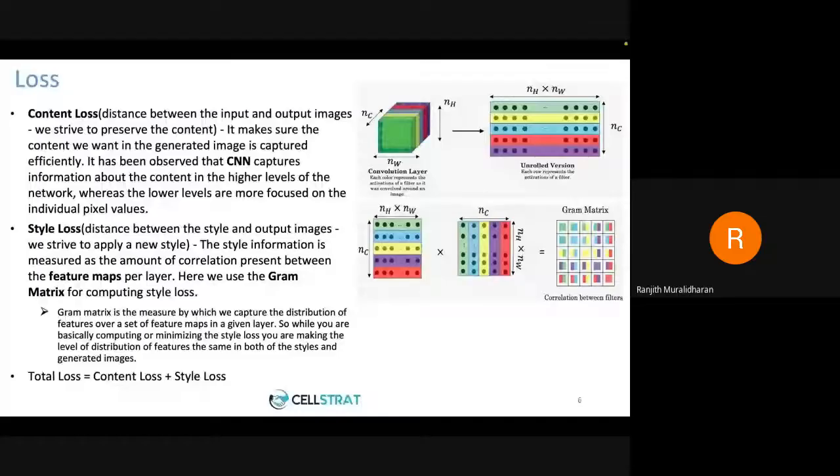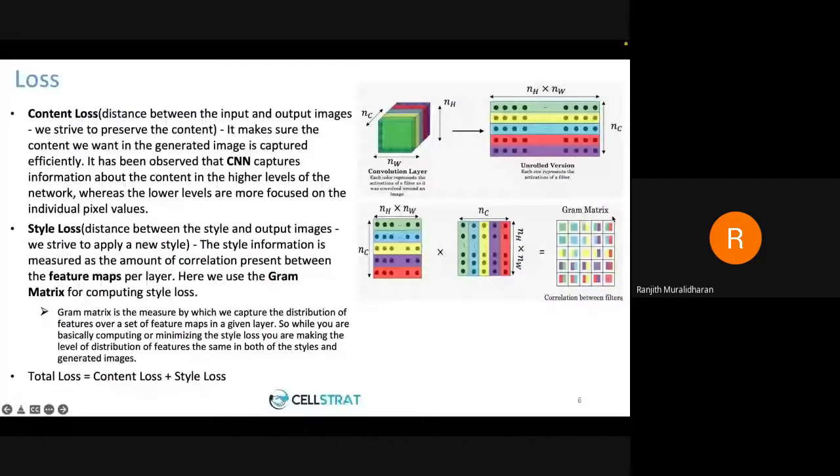Okay. So this is not a pixel level calculation. Please remember, this is a content level, so it's at a feature level. Each layer will have a feature map, correct? It will identify the relation between each feature map, and that is computed using your gram matrix. This is the measure which will be helpful for finding out the style loss.